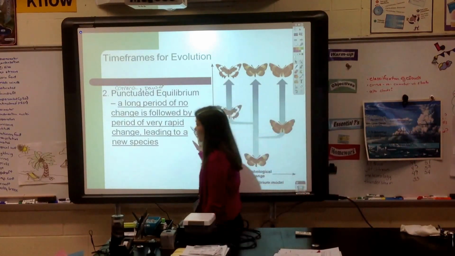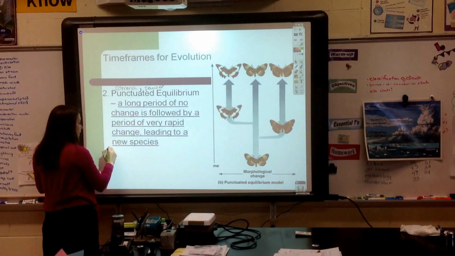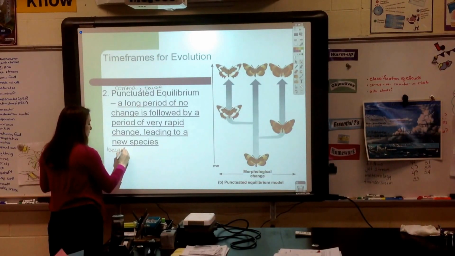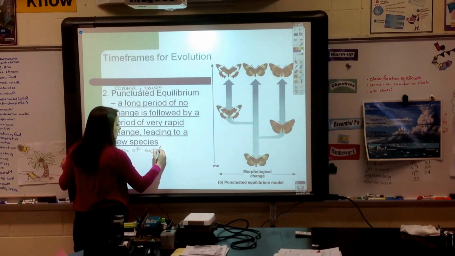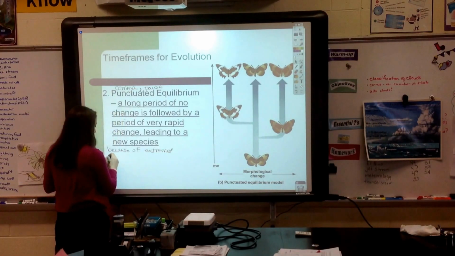A lot of times punctuated equilibrium is because of an extreme environmental change.